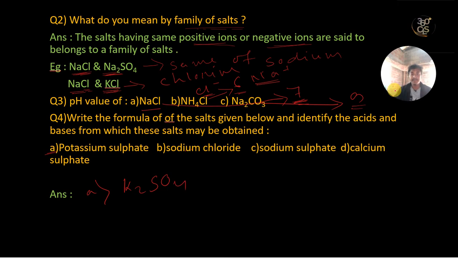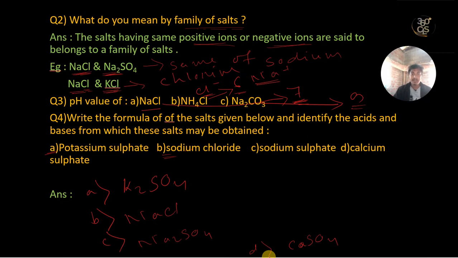Then B is sodium chloride, not barium, sodium, that is NaCl. Then number C is sodium sulfate, that is Na2SO4. Then number D is calcium sulfate, that is CaSO4. These are the formulas of the salts.